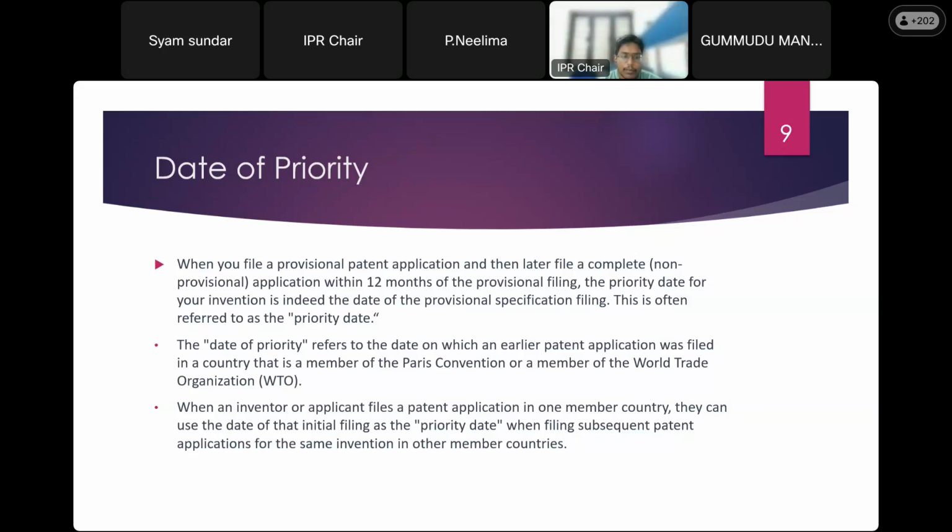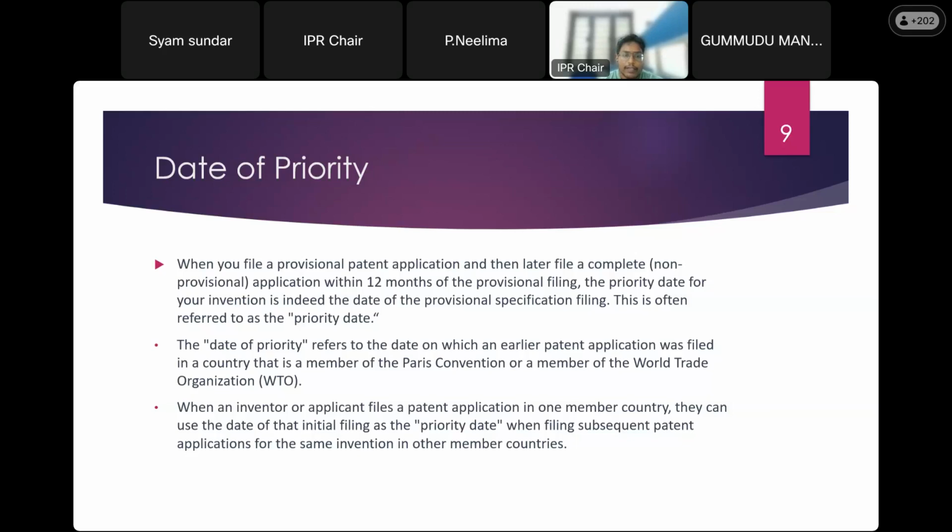For example, rather than filing a provisional patent application, you can also directly file a complete specification application. If you are 100% sure that this invention works and is perfect, you can directly file a complete specification, without filing a provisional patent application.